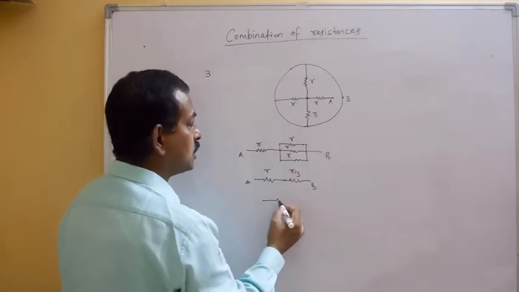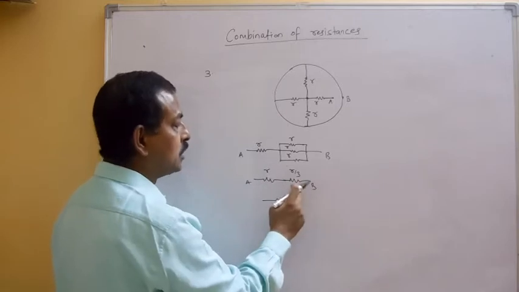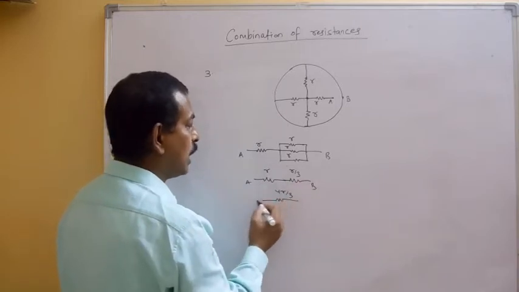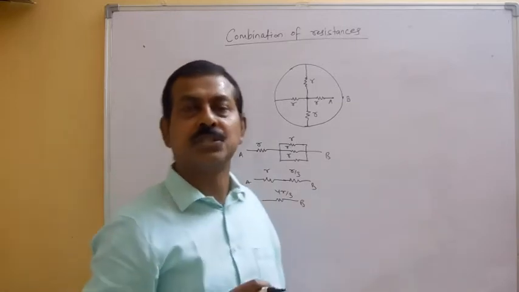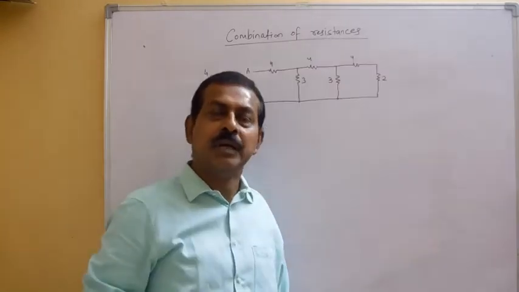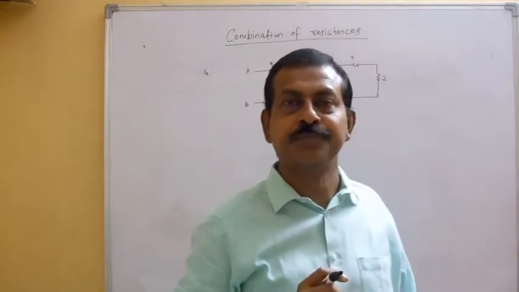So this is R plus R by 3, giving you 4R by 3 as the equivalent resistance between the points A and B.